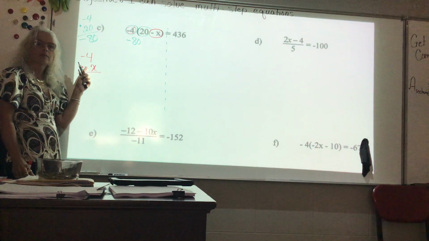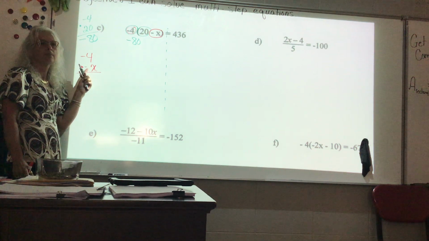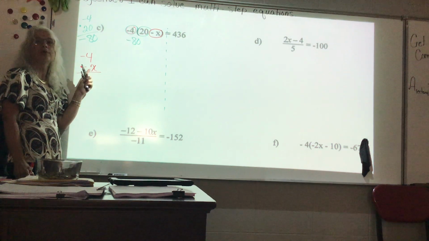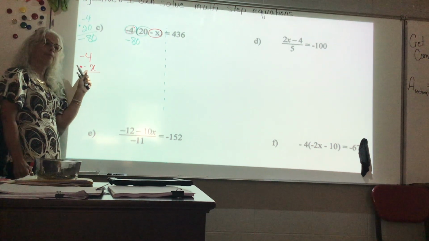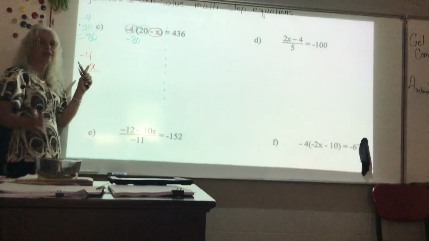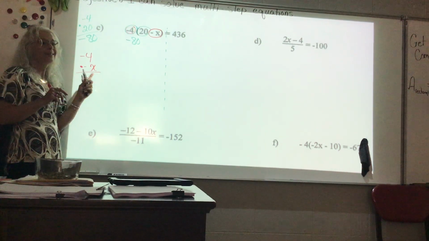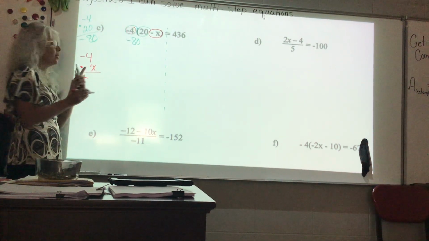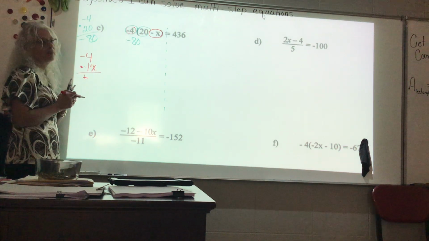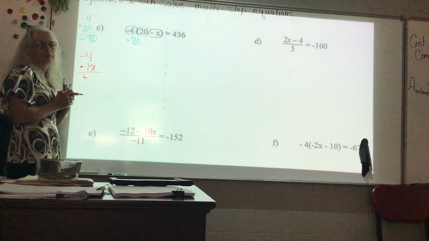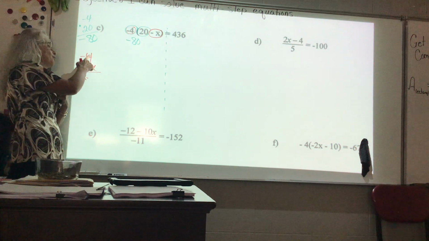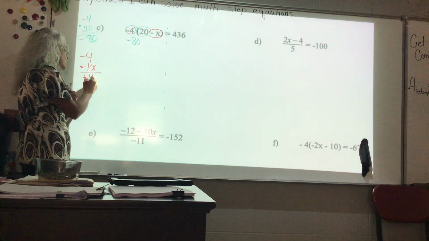No. So what am I gonna use for it? 1. Remember, anytime you have a variable and that coefficient is missing, it's technically just an invisible 1. So put your invisible 1 there. So do 4 times 1, which is 4.